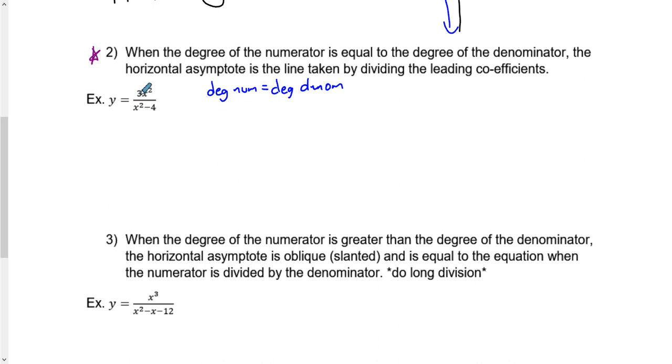Our leading coefficient in front of our numerator is 3. Our leading coefficient in front of our denominator is 1. So our horizontal asymptote is actually going to be the line y equals 3.